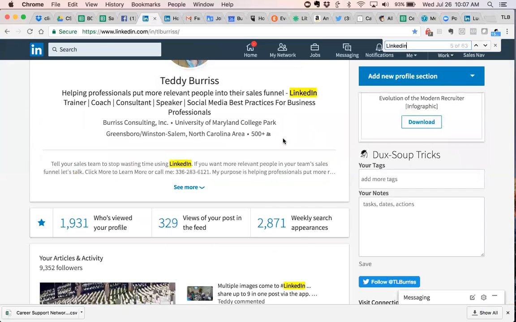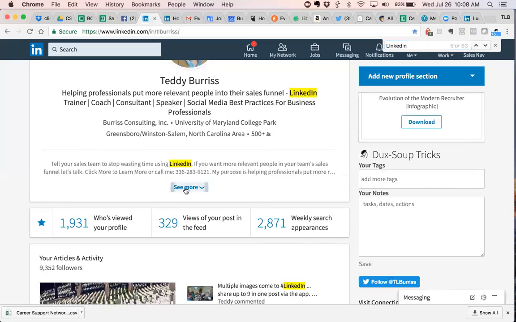But what I'm trying to share with you here is that your most important viewer is going to go looking for someone like you, someone with your skills, your ability, your talent, using those keywords in your profile. So you want to use those keywords throughout your profile in appropriately written sentences.